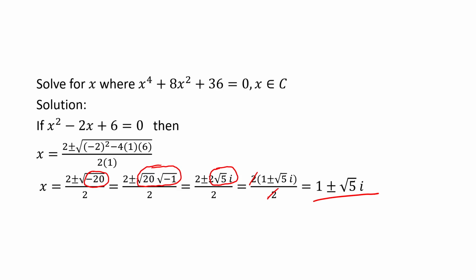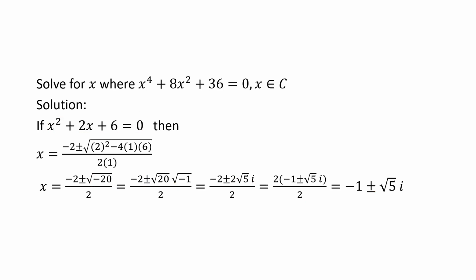Similarly, that was what happens if you let x squared minus 2x plus 6 equals 0. But if you let x squared plus 2x plus 6 equals 0, a similar process takes place. You use the quadratic formula, you get -20 under the square root sign. You change square root of -20 into square root of 20 times square root of -1. The square root of 20 is really 2 root 5.